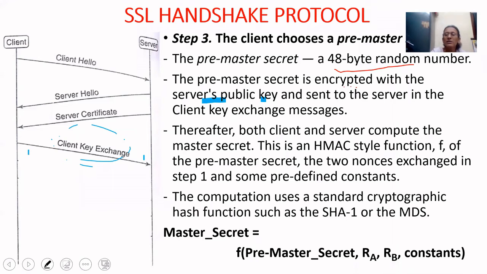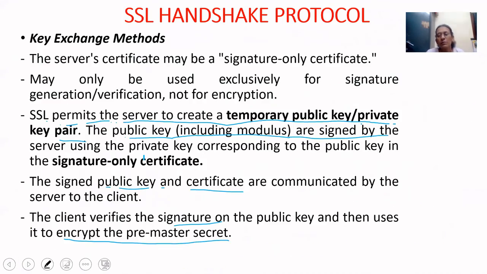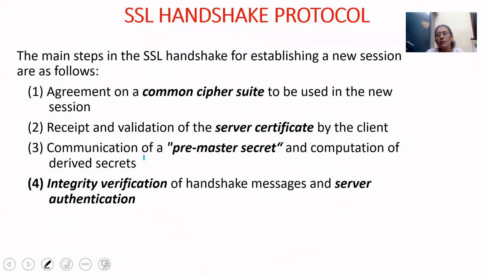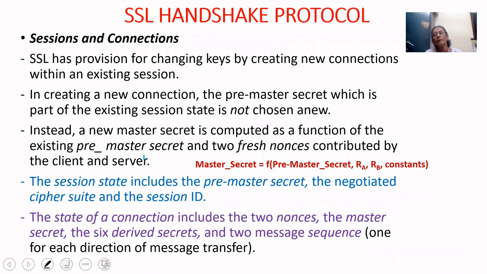Only this is encrypted, and so it takes time. So we will try to avoid this as much as possible. When we go to change the secret keys, that is the secrets that are used between the client and the server, we will maintain the same pre-master secret.